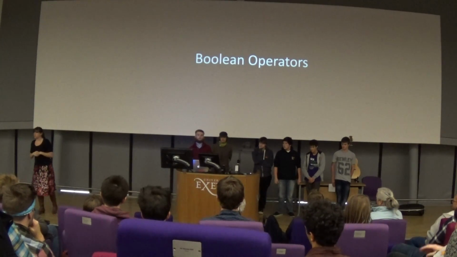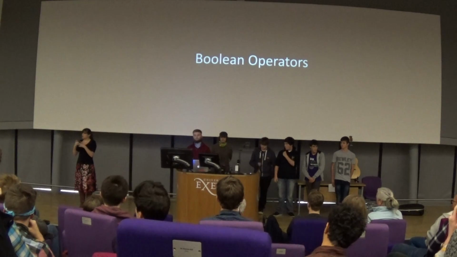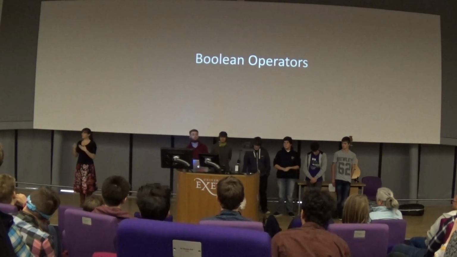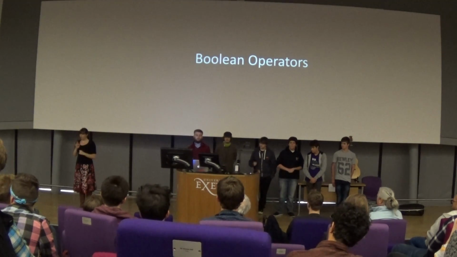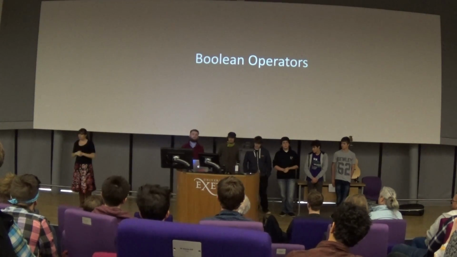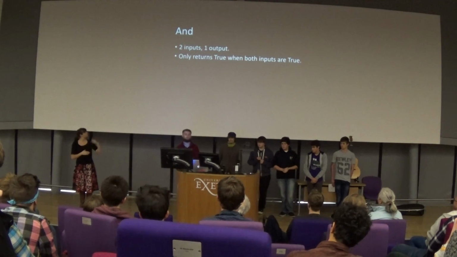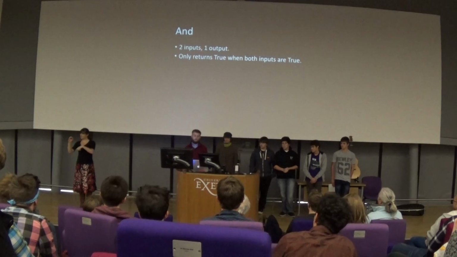They're basically equivalent to basic arithmetic functions. So if we take a true input as a 1 and a false as a 0, we can add and multiply. The first operator is called the AND operator. That's equivalent to multiply. So a 1 times a 0, true times a false, will be false.